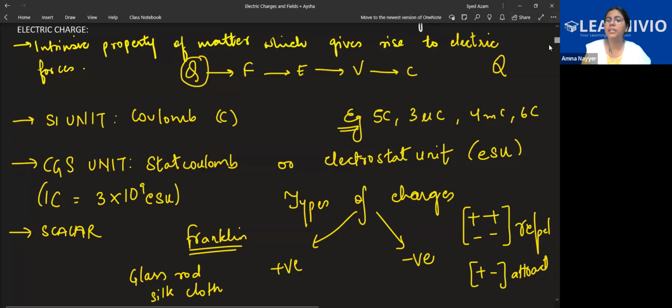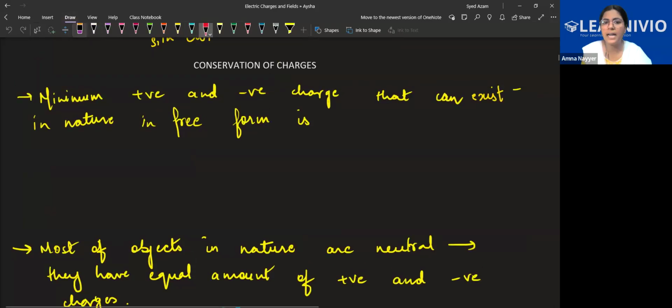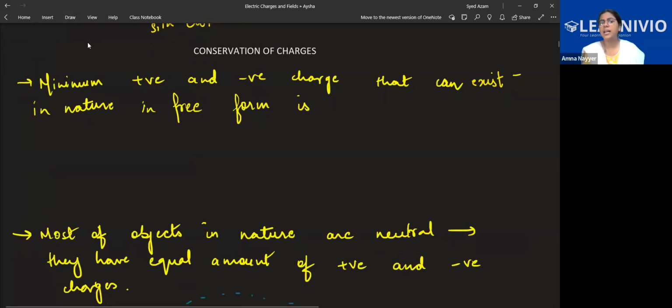Now let me start first. See, now a very important point we have to discuss, that is conservation of charge. Now see, conservation of charges is a very simple term if you see. Even you had it in your 11th, conservation of energy. What was the statement we used to put? Everywhere you must have heard of the statement. Energy can neither be created nor be destroyed, right?